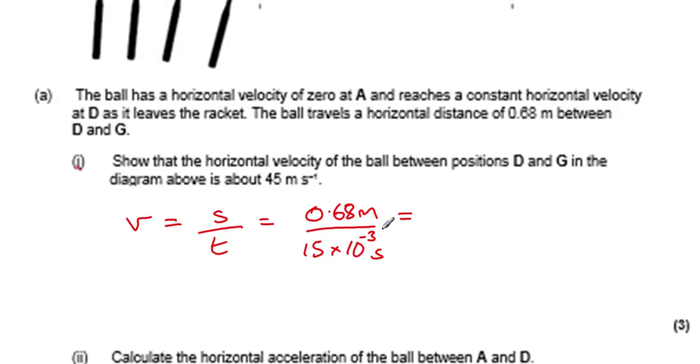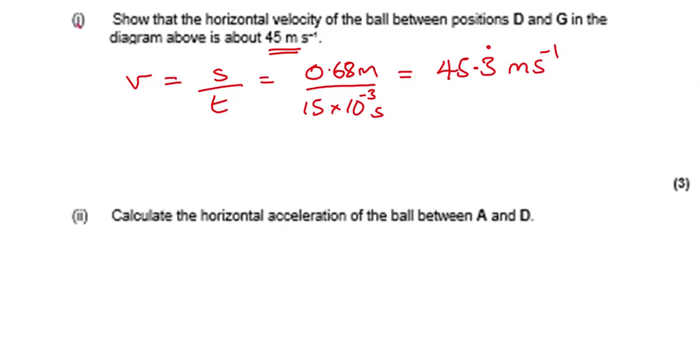That, when you calculate it, comes out as 45.3 recurring meters per second. Again, they've asked you to show that it's 45, so when you work out your answer, put some decimal places, and if you like, then you can round it off to 2SF as 45, or leave it as 45.3 for now. So you've shown that you know how to get that answer.